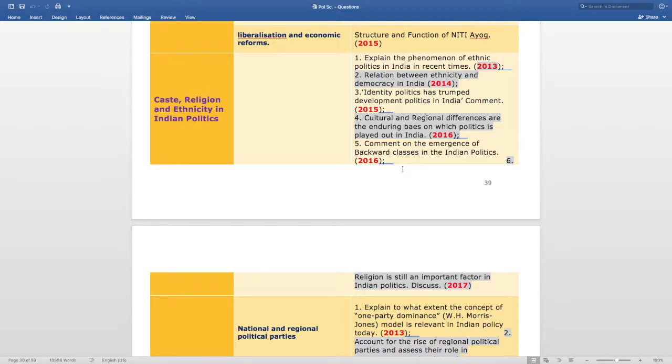Explain the phenomena of ethnic politics in India in recent times. Asked in 2013. Relation between ethnicity and democracy in India. Asked in 2014. Identity politics has trumped development politics in India. Comment. 2015.